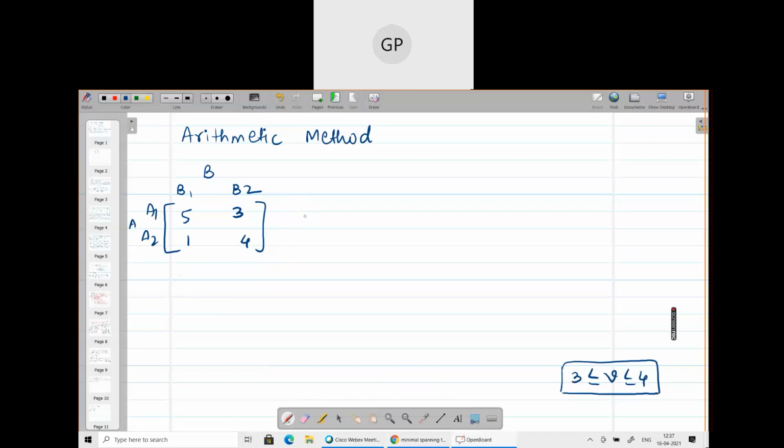So in case of the algebraic method, we find out row differences, column differences, then we find out ratios, then we interchange them. But in case of the arithmetic method, we are going to find out oddments. I am not calling them differences. They are differences, but I am writing them in the opposite way. I mean, in the first step itself, 5 minus 3, what is the answer? 2.